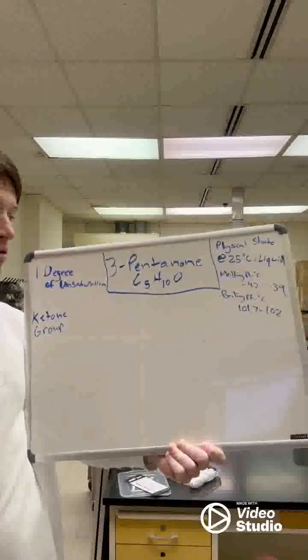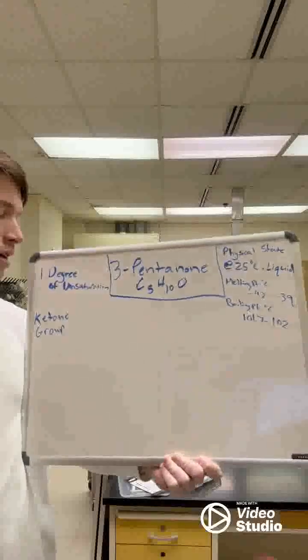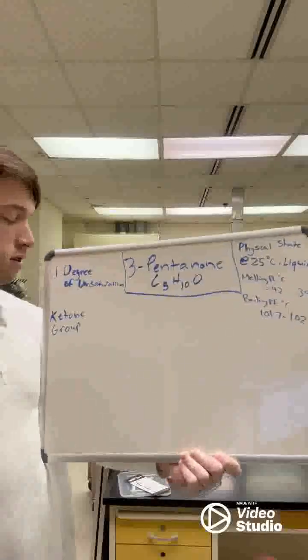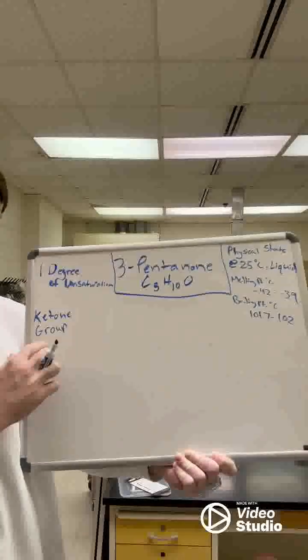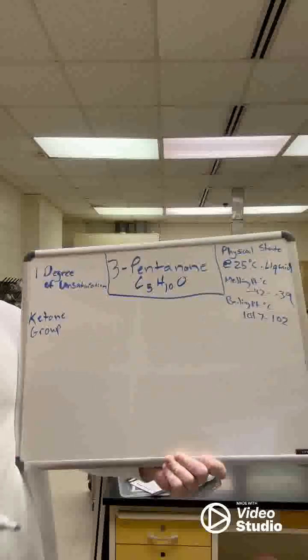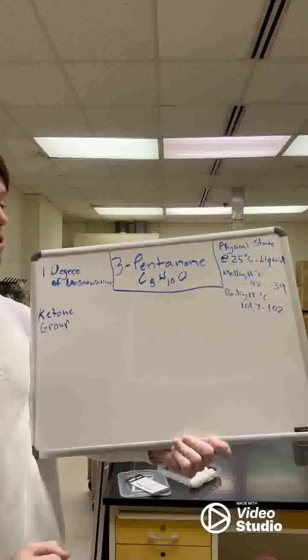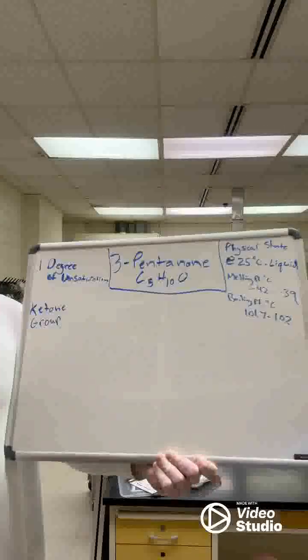Boiling point range from 101.7 to 102 degrees Celsius. The major and only functional group present in this molecule is going to be our ketone, and it's going to have 1 degree of unsaturation from that ketone, as we'll see when we draw the structure.